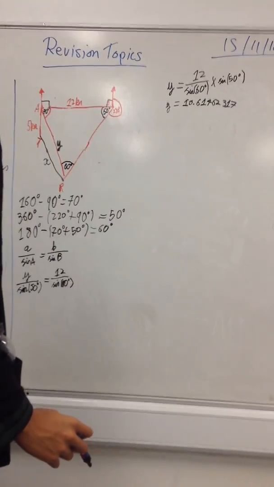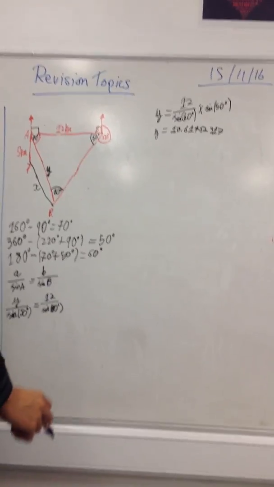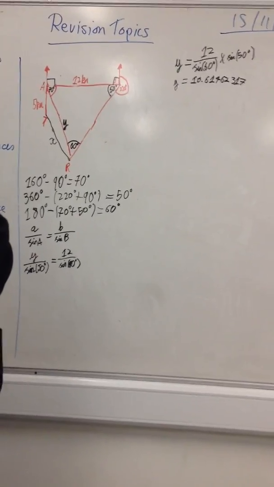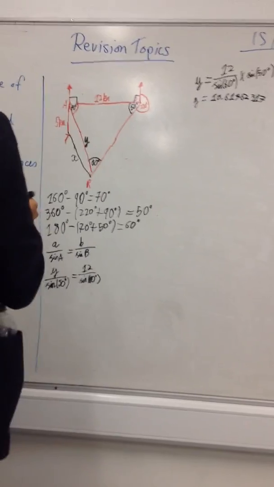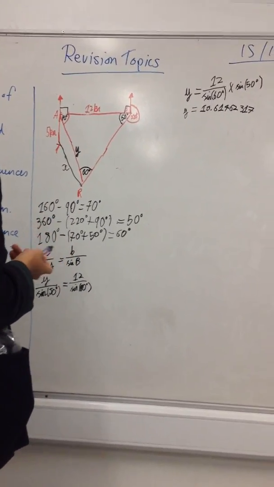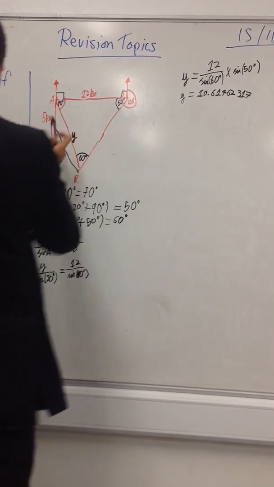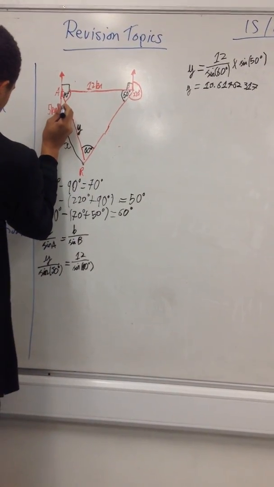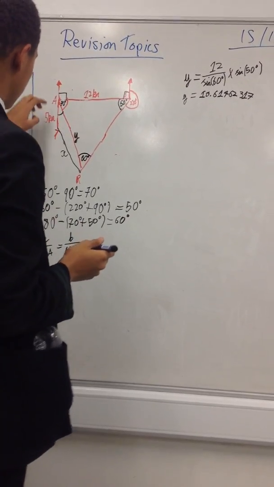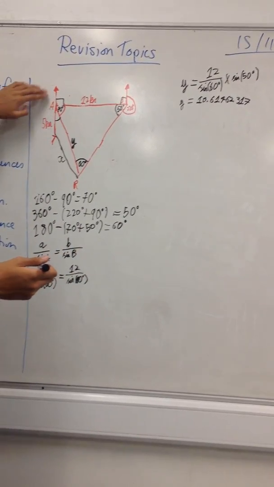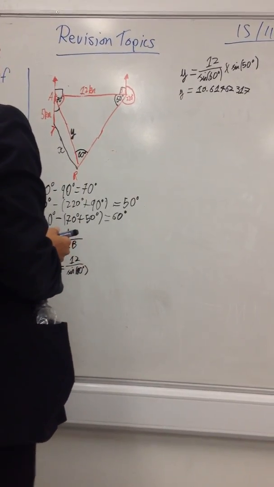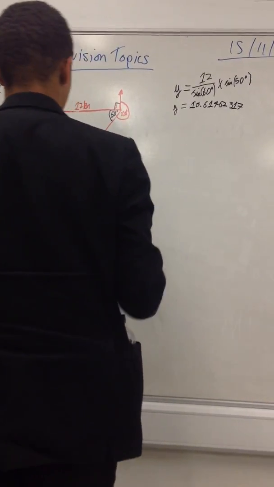Now we need to get this length here, and we can use the cosine rule for this. But for that, we need this angle right here. Because this is a vertical line, it's perpendicular, and angles on a straight line equal 180 degrees.